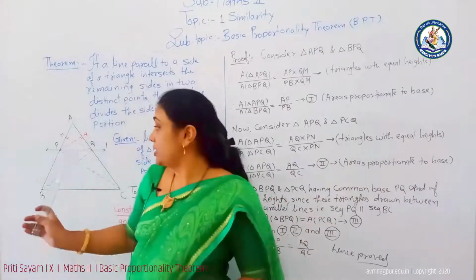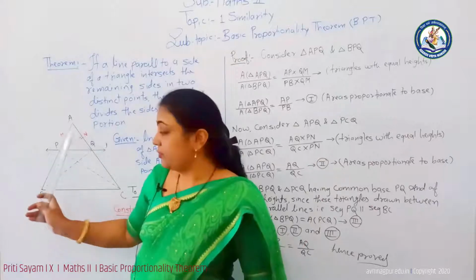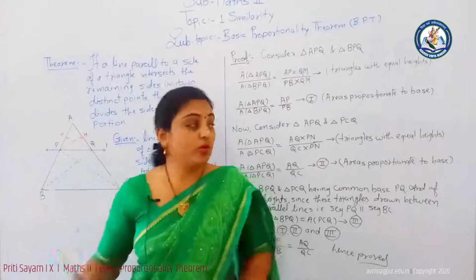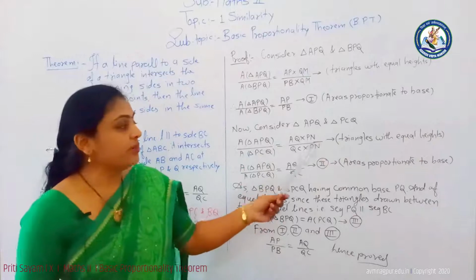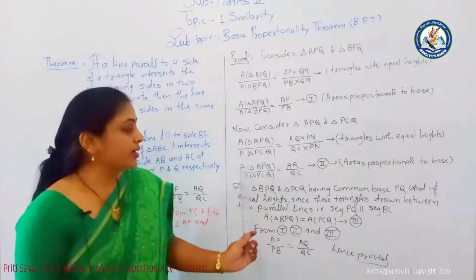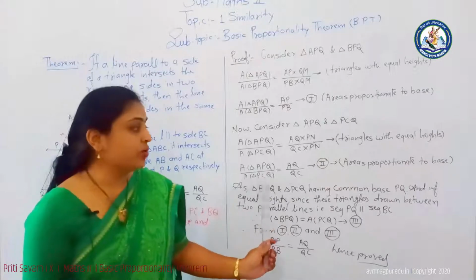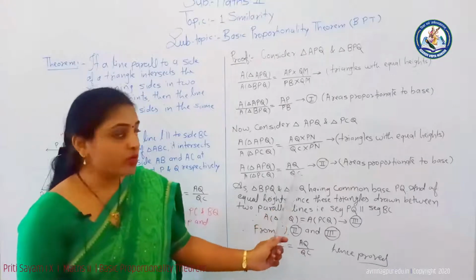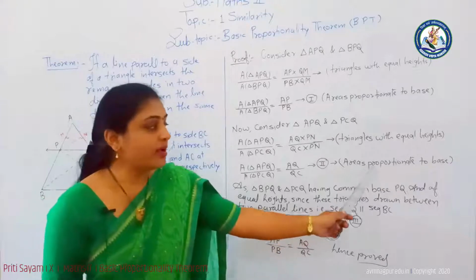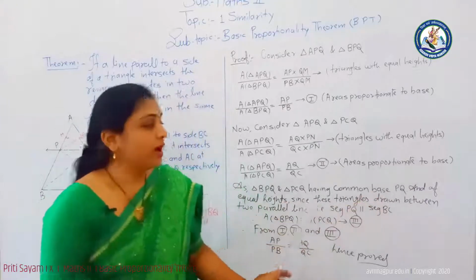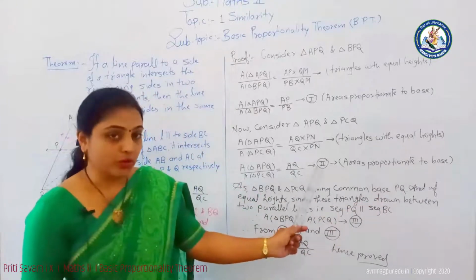This PN height is common, so PN gets cancelled and we get area of triangle APQ upon area of triangle PCQ equal to AQ upon QC, since area is proportional to base. We call this equation number 2.